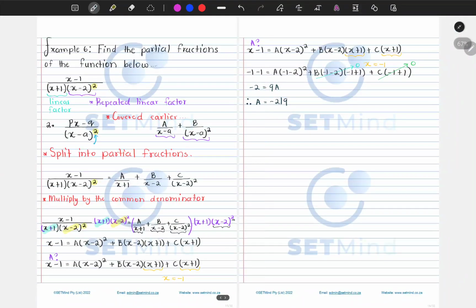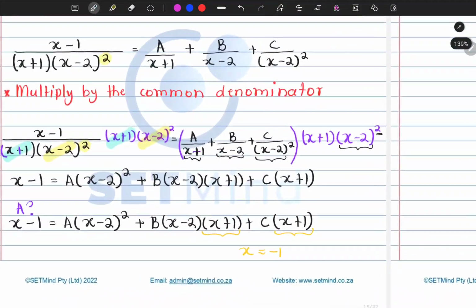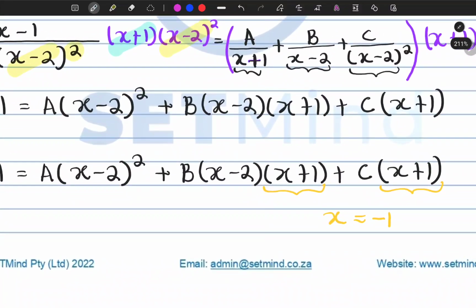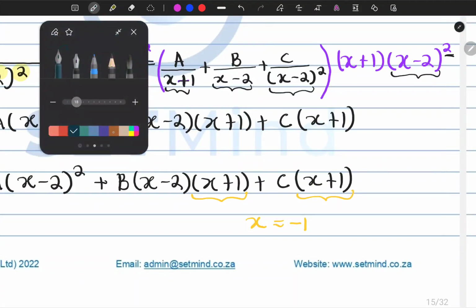Okay. Now we need to figure out what is b or what is c. Now that we have a, the next thing which is easy to find is actually c. Why is it easy to find?